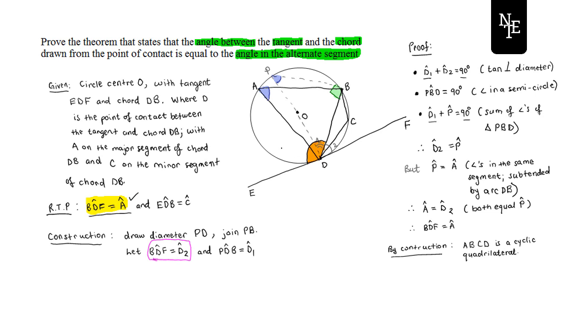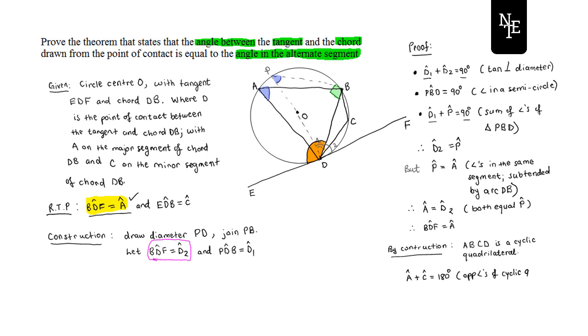That means that angle A plus angle C is equal to 180 degrees. These are opposite angles of a cyclic quad.